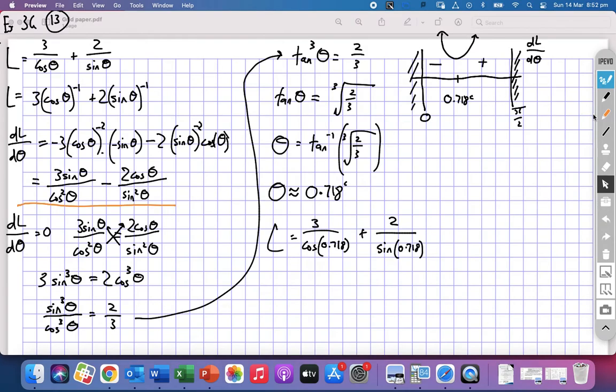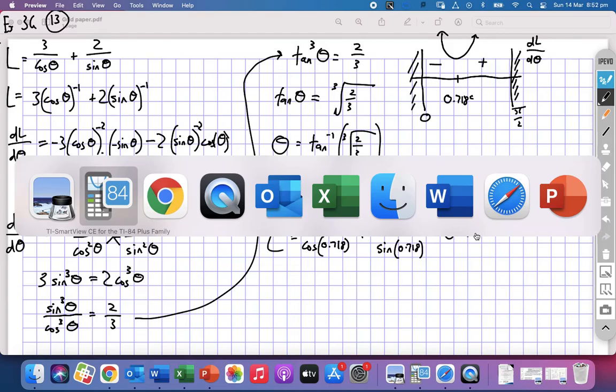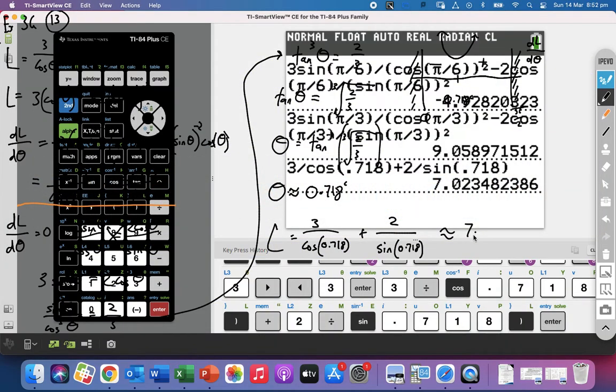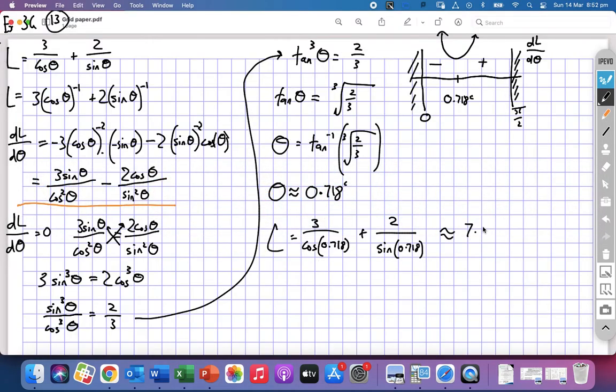Okay. It's not too bad, is it? So approximately, I can't even remember what I said now, 7.02 meters, right? Approximately, 3 sig figs. Yeah.